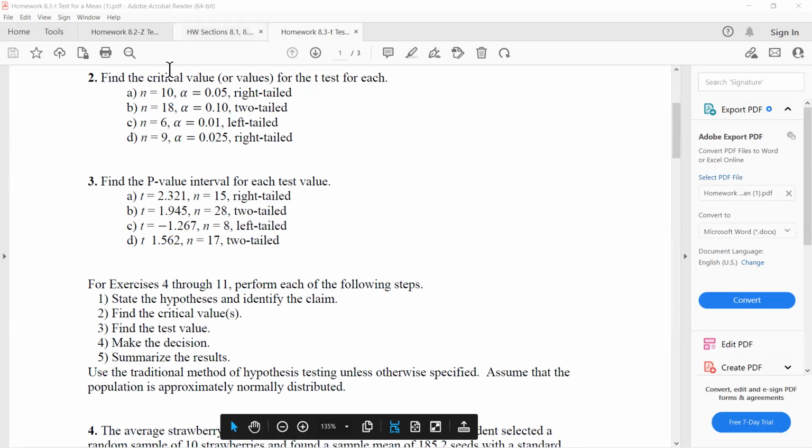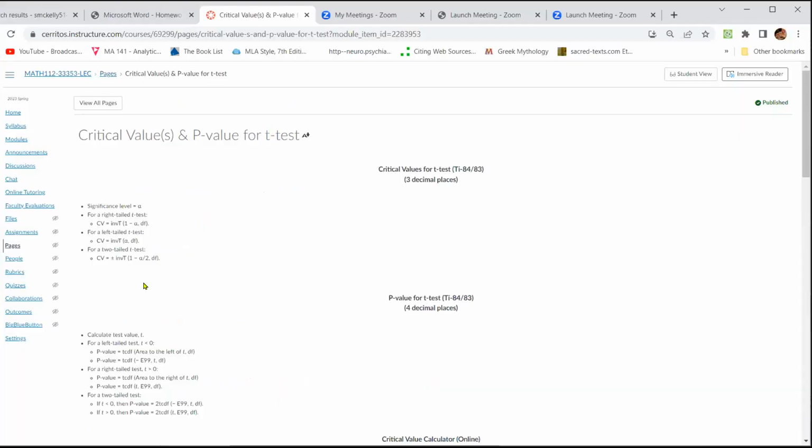So what it looks like is we're going to follow the rule for a 2-tail test. And a 2-tail test tells us to use plus or minus inverse T, 1 minus alpha divided by 2. And 17 in our DF, right?